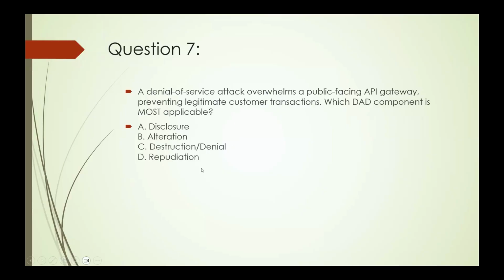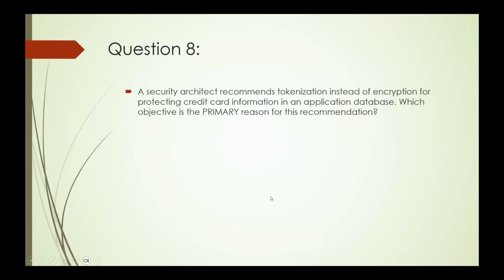In that, there is no R, so eliminate this directly. So among these three, the service becomes unavailable to legitimate users. So this is the opposite of availability. So what is the opposite of availability? Destruction or denial. So that's how we will come to a conclusion.